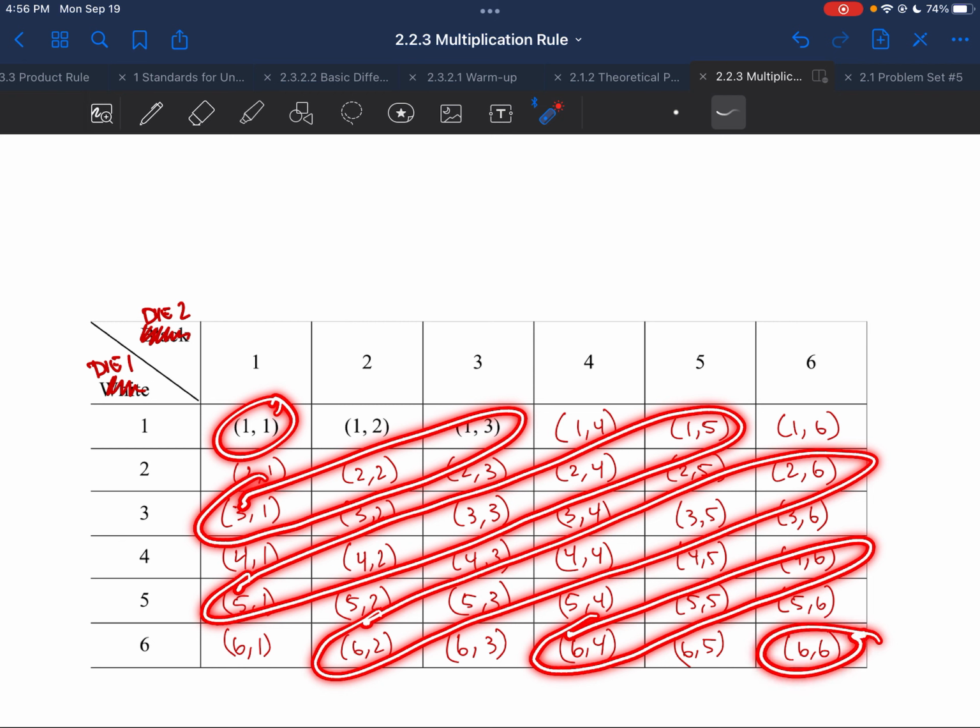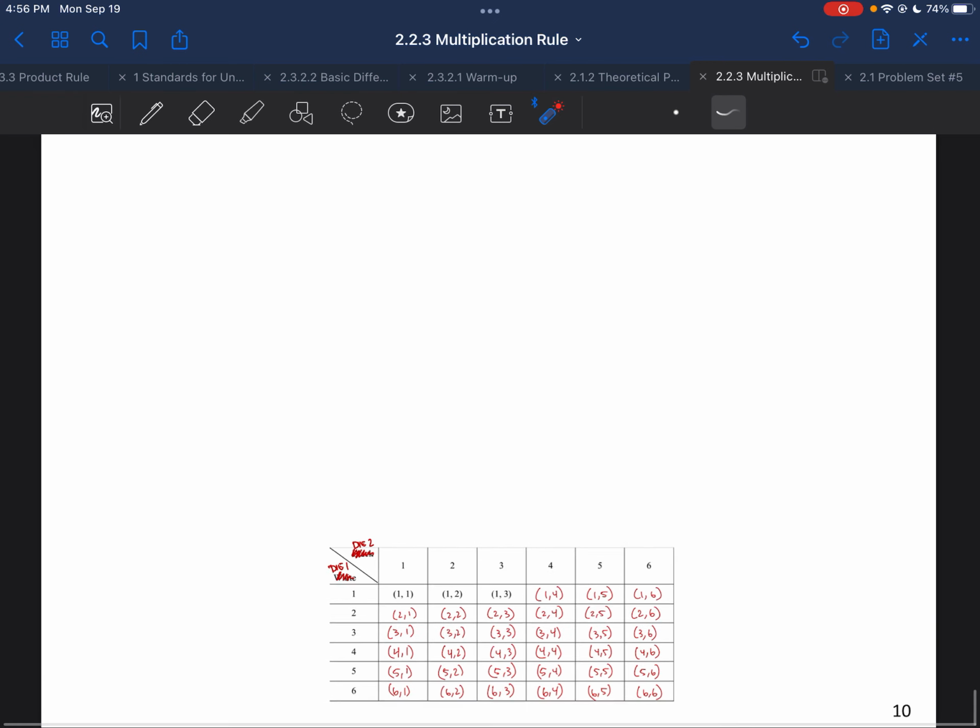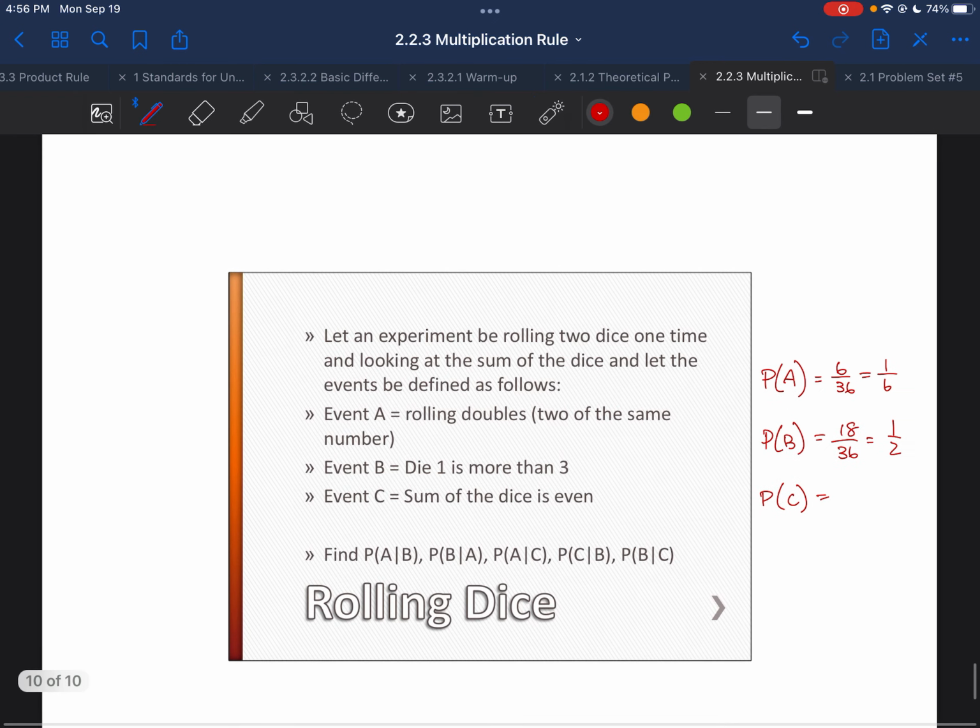Okay, so there's 1, 2, 3, 4, 5, 6, 7, 8, 9, 10, 11, 12, 13, 14, 15, 16, 17, 18 values here out of the 36. So this has the same probability as event B as well.